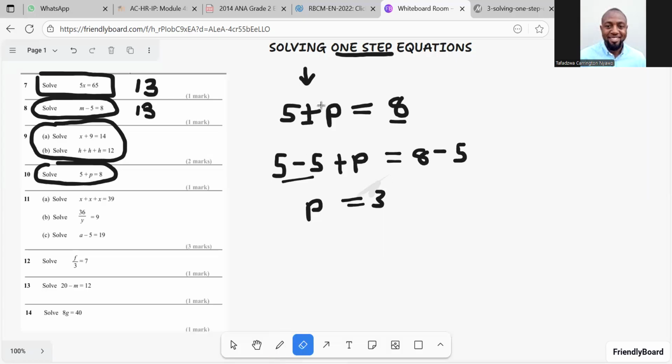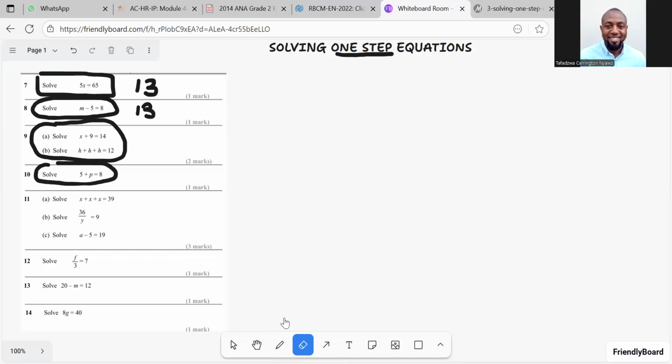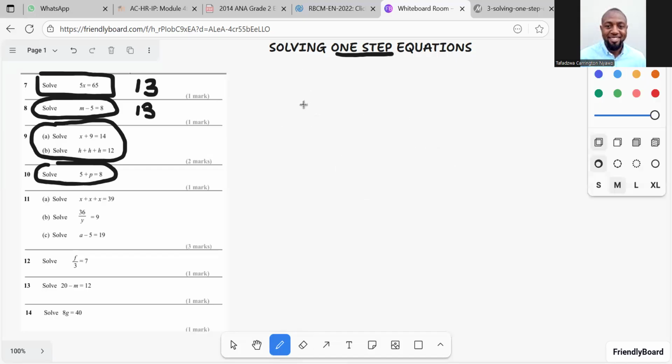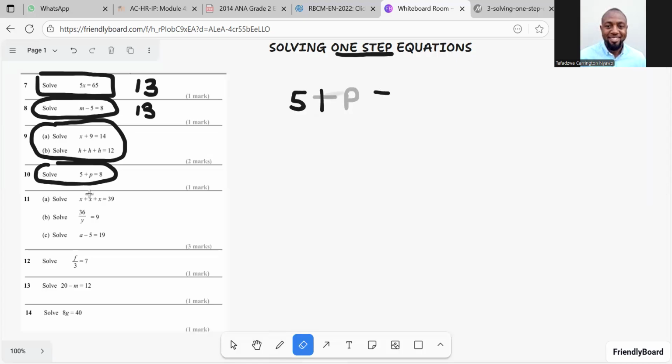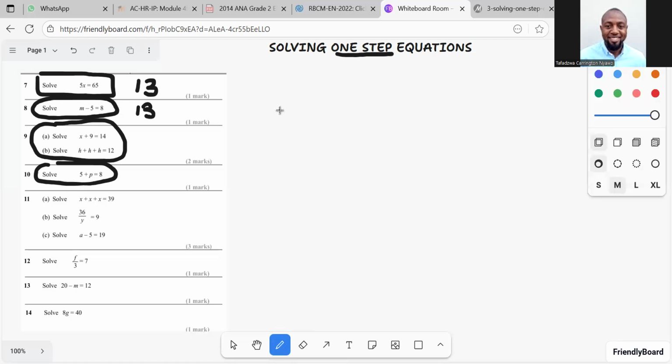All right, let's move on to the next one. One-step equations are super easy. This one is x plus x plus x is equal to 39.